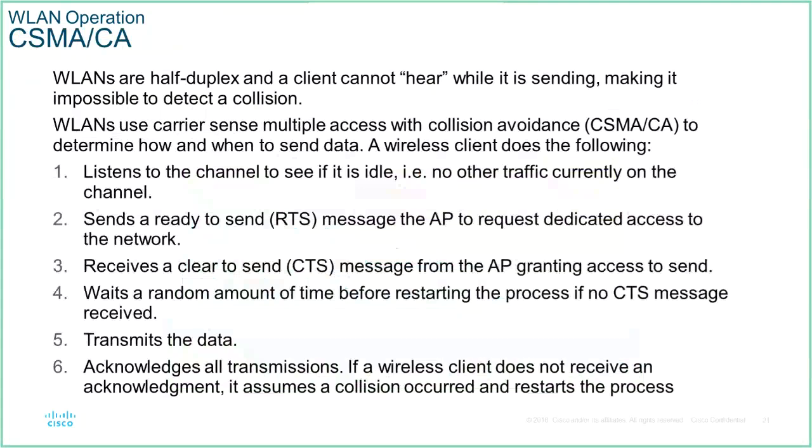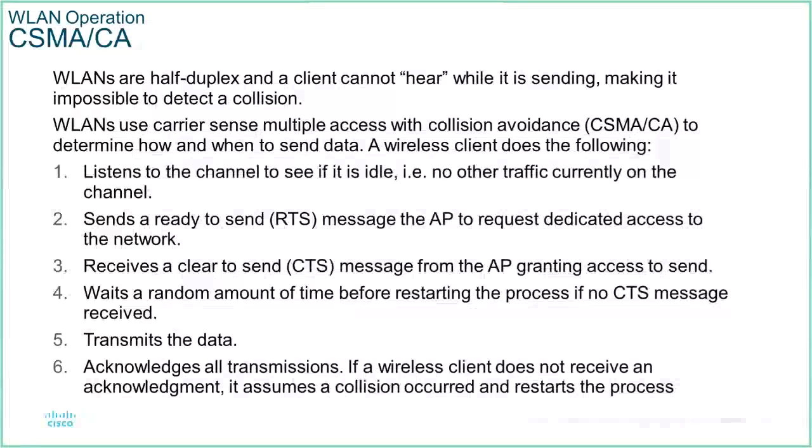Now, we can't detect collisions in radio frequency very well, but we can avoid collisions. The way we do this is the individual devices continuously listen to the carrier signal that multiple devices are using, and the access point is used to control messaging.